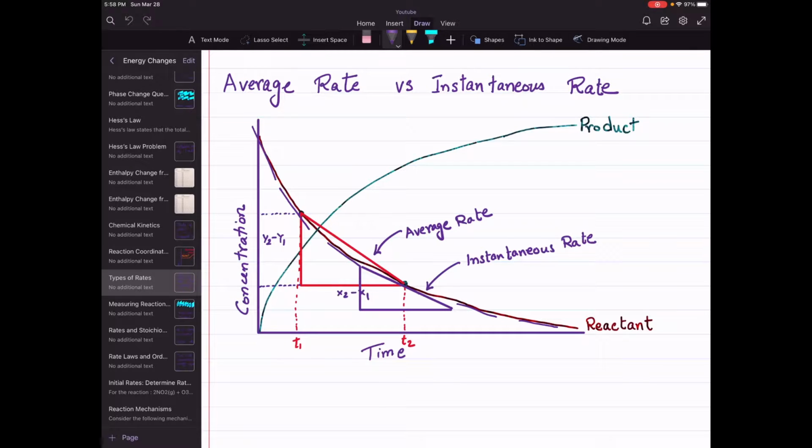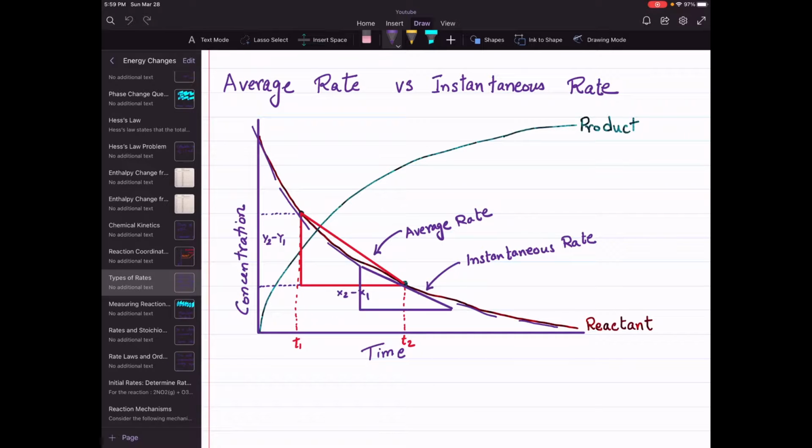And since the chance of collision has decreased, the rate of reaction has also decreased. I hope this helps you understand what is happening to the reactants. So the reactant concentration has gone down, and therefore the reaction rate has also gone down.